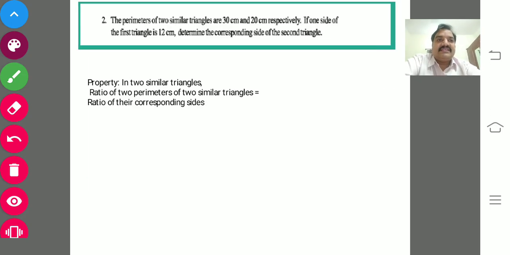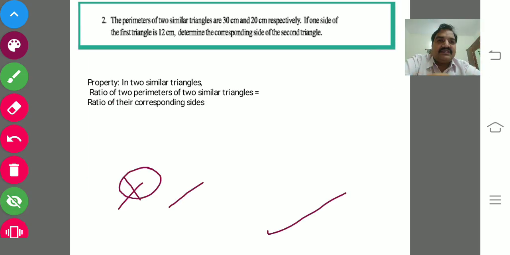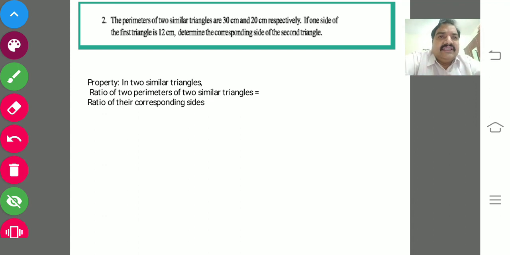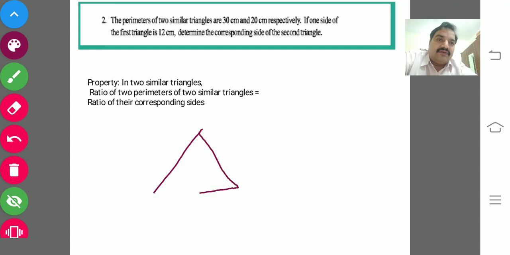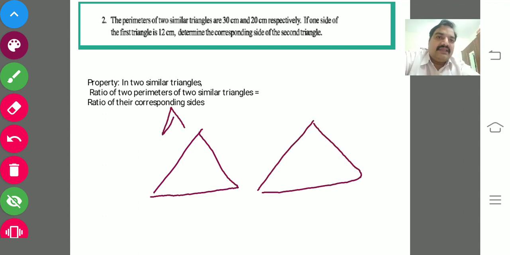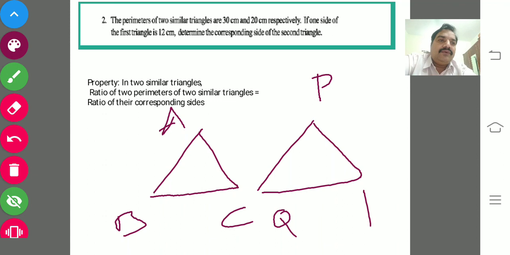Yeah, so this is the second problem. Just see that. The perimeters of two similar triangles are 30 centimeters and 20 centimeters respectively. Take two triangles, ABC and PQR.